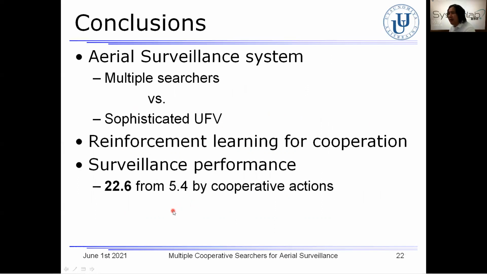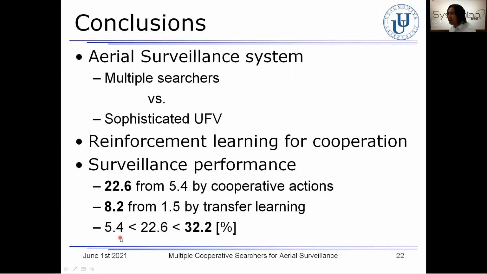As a result, the success rate of surveillance was increased to 22% from 5%. Furthermore, transfer learning increased the initial success rate from 1% to 8.2%. Because of the increased learning efficiency, the final success rate was increased to 32.2%. And this system yielded the best surveillance performance.